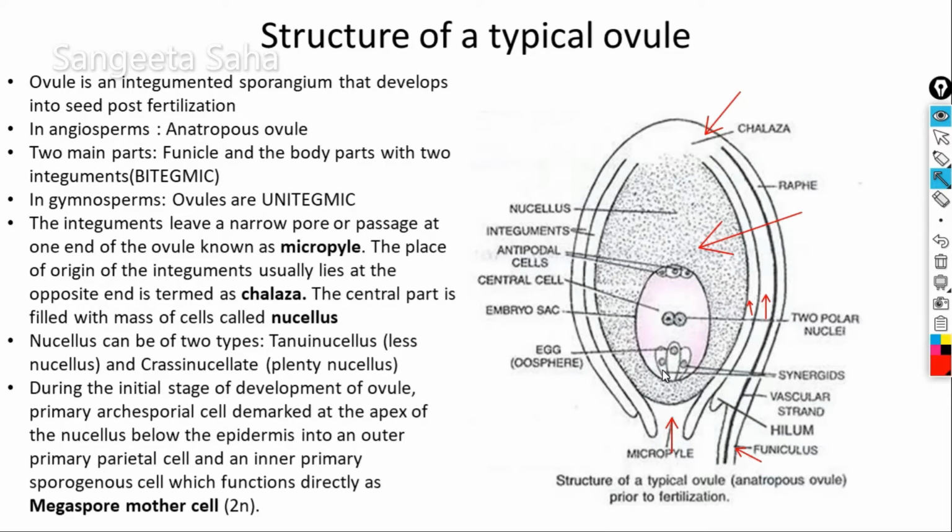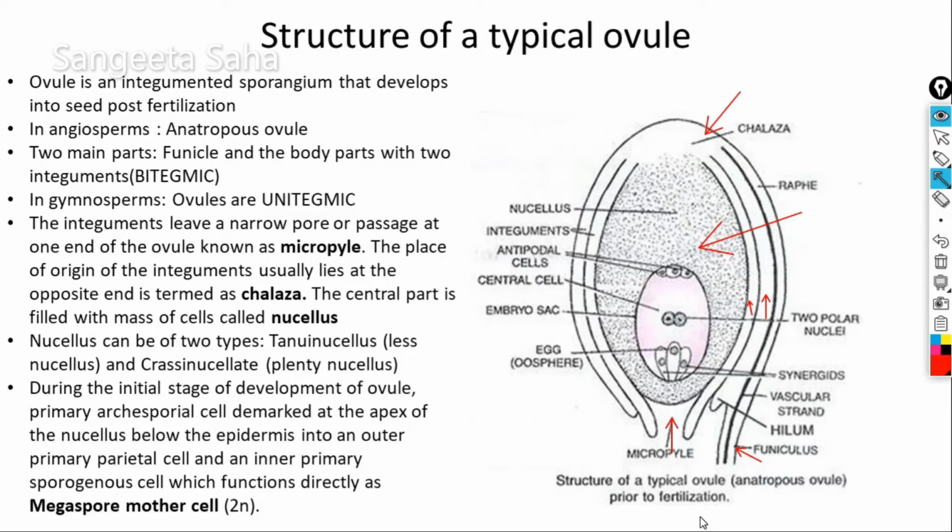When one of the cells towards the micropyle becomes bigger, it is said to be the megaspore mother cell. And this integument will ultimately turn into the seed coat, and the entire structure will eventually change to seed.